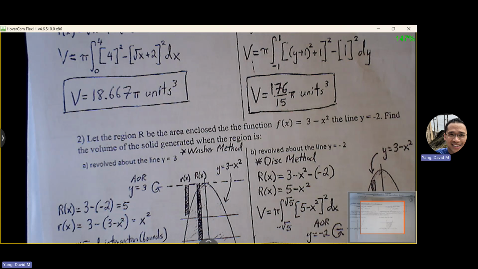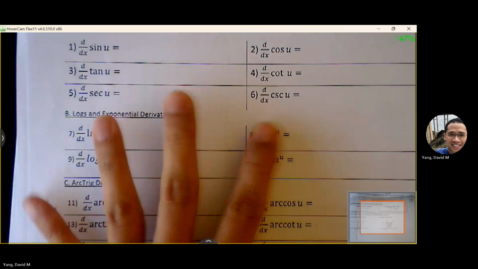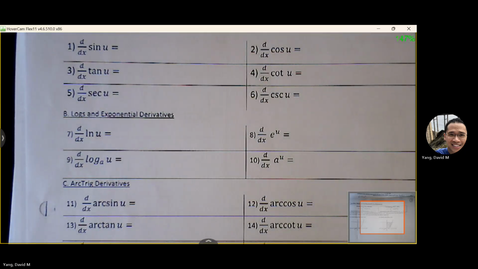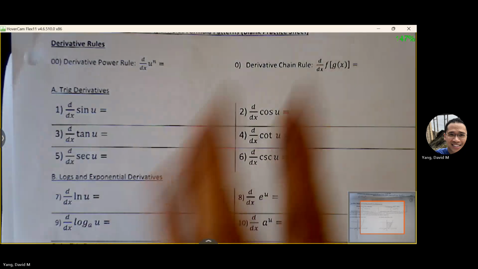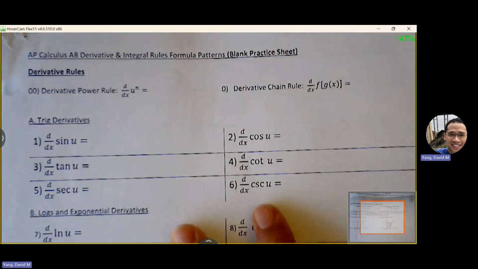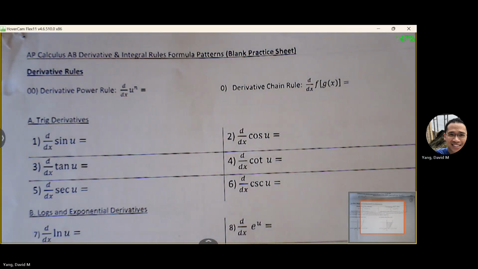All right, let's clear our desk. Go ahead and try this. All right, go ahead and start. Blank copy here.